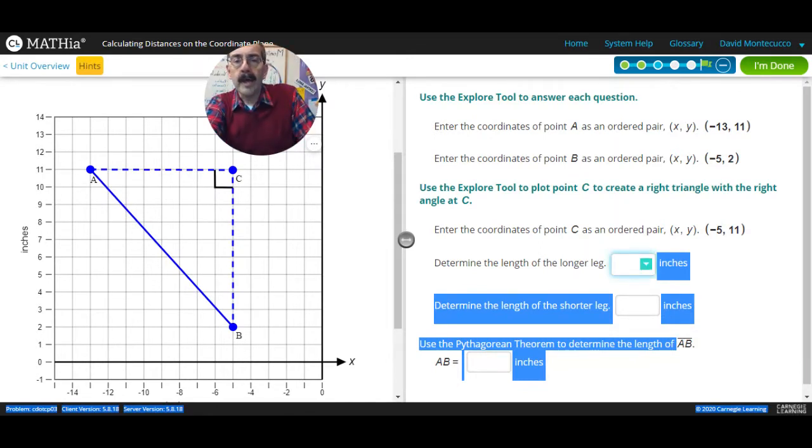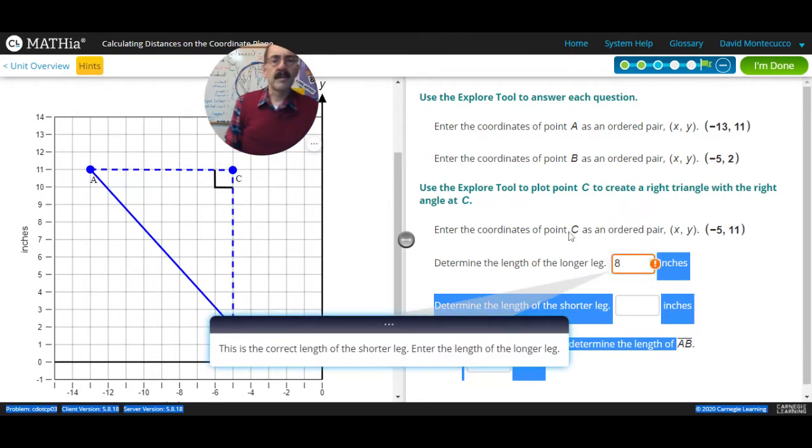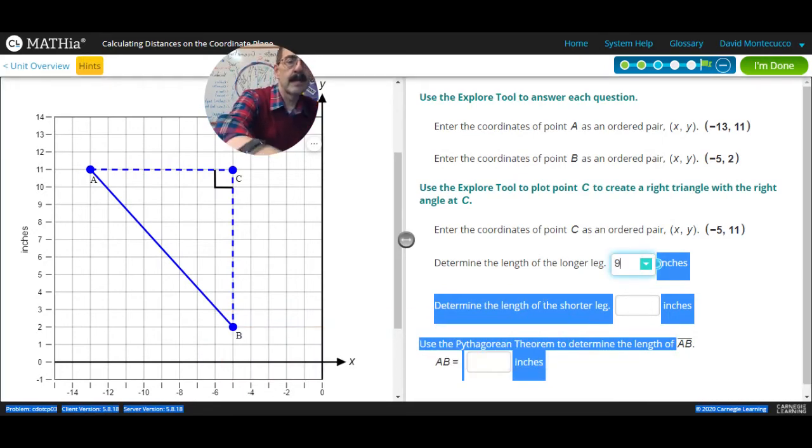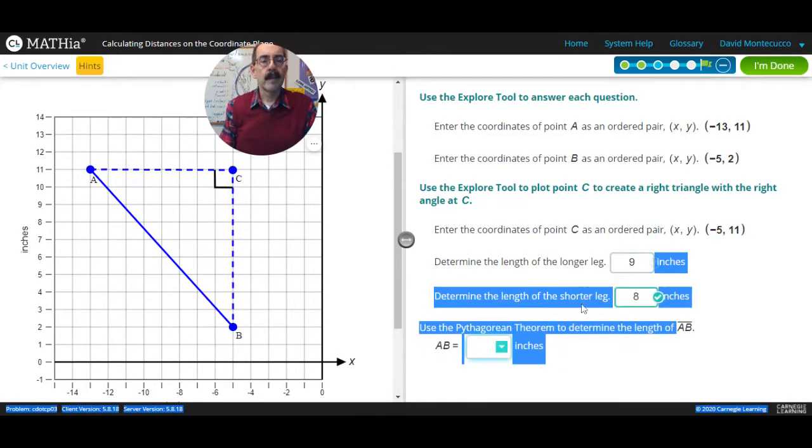And the shorter leg, from 5 to 13 is 8, and 9. So the run is going to be the shorter, 8, and the longer is 9. So the rise is 9. The shorter is the run. Okay, there we go.